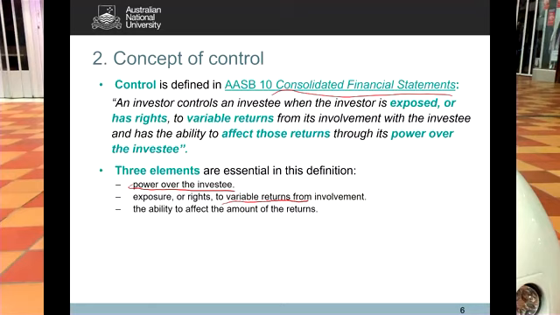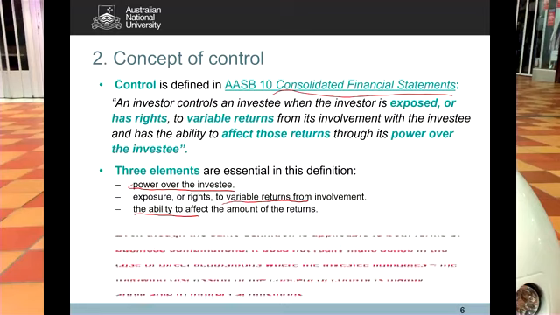Then they will have the ability to affect these returns. Is that okay? So three elements: power over the investee, exposure to variable returns, and the ability to affect the amount of the returns. We are going to discuss each of the elements in more detail in a second.